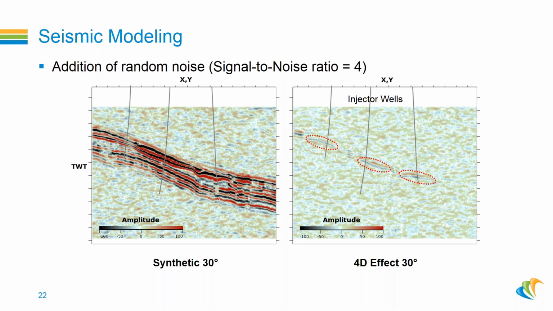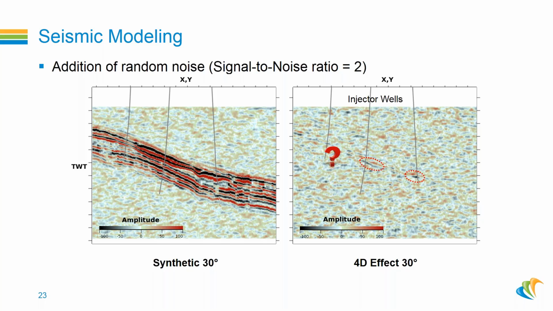But if the signal to noise ratio is reduced to 2, then that 4D effect is missing in this well. So if this is the case for our reservoir and our field, then for this time of the production we are not able to see that 4D signal. So it's not a good idea to do the acquisition for that time. Maybe later, with more production, we could also see this signal here, but we need to do that investigation as well.